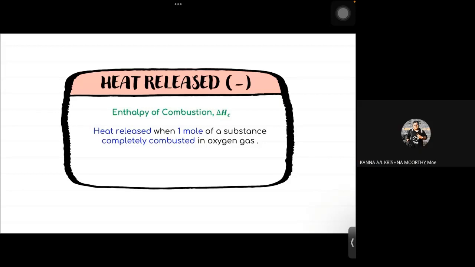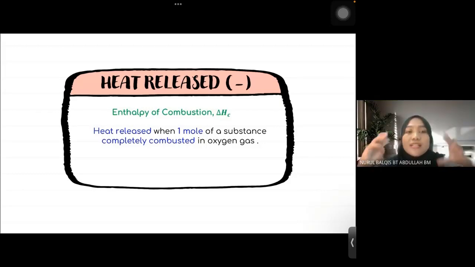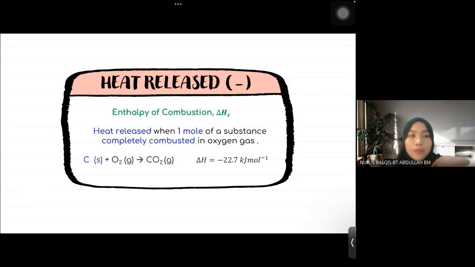Okay, so 1 mole of substance. Who is this substance? It depends on the reactions, but it requires oxygen to react. From this example, we have carbon in solid state reacting with oxygen in gaseous state to form CO2 in gaseous state as well. Then you have the delta H negative 22.7 kilojoule per mole.